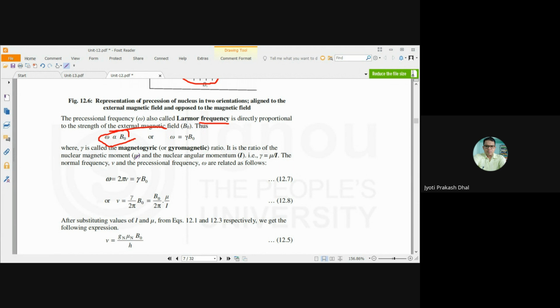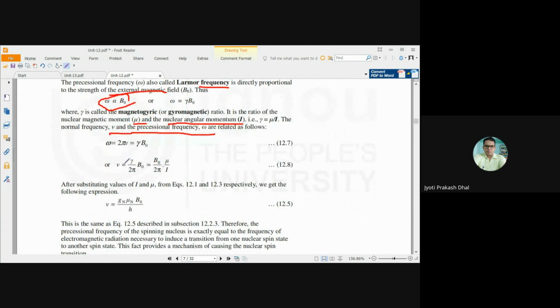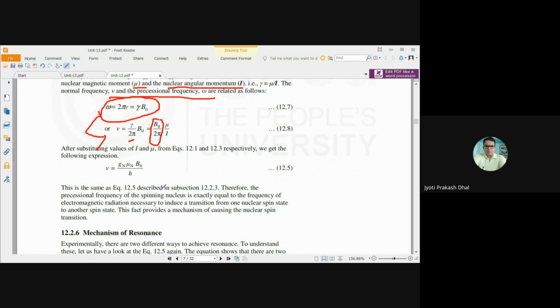It is the ratio of the nuclear magnetic moment mu and the nuclear angular momentum I. So gamma equals mu by I, and the normal frequency nu and the precessional frequency omega can be represented as omega equals 2 pi nu equals gamma times B0, or nu equals gamma B0 by 2 pi, that is equal to B0 by 2 pi, which is constant, times mu by I. After substituting the values of I and mu from equations 1 and 3, which we have already solved, we find that the frequency nu equals Gn mu n B0 by h.